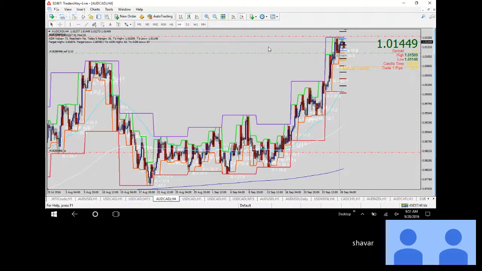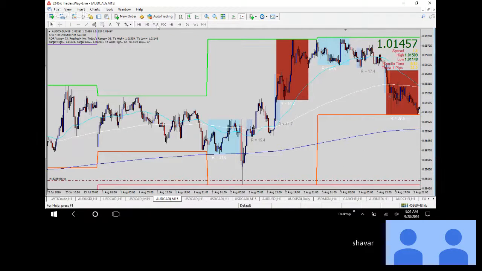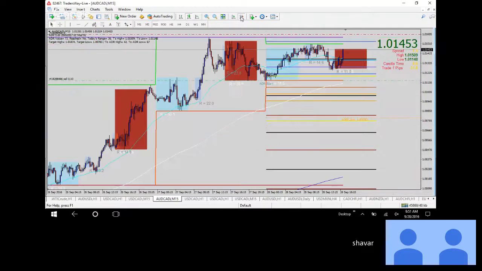But we're only down 20 pips on this pair, 20 pips to grab, what is it, 150. We're only risking 43 pips to grab 150, potentially 200 and something pips.